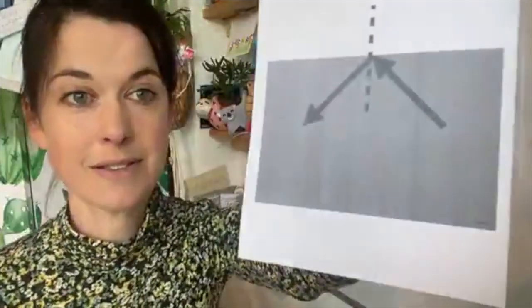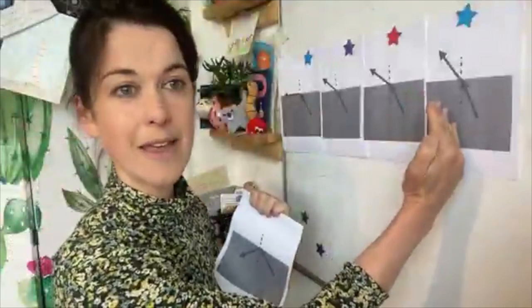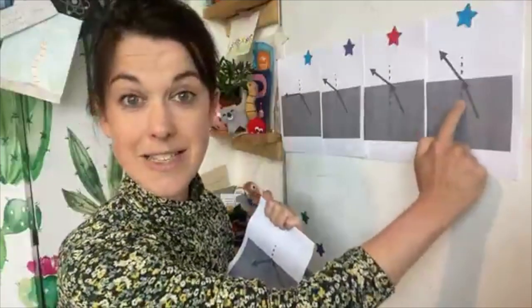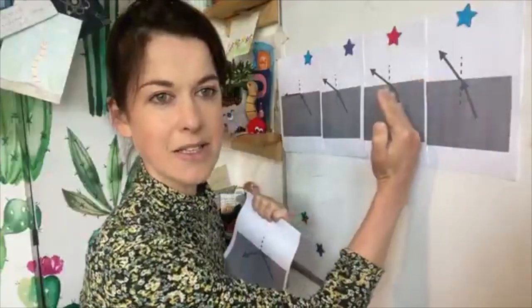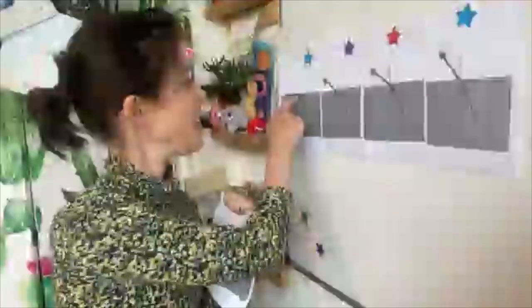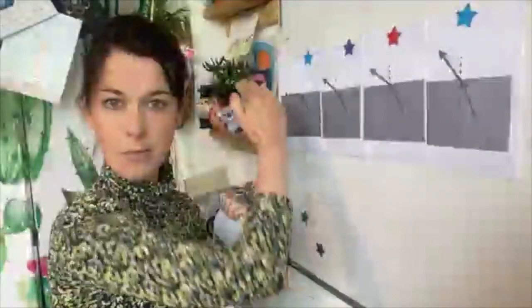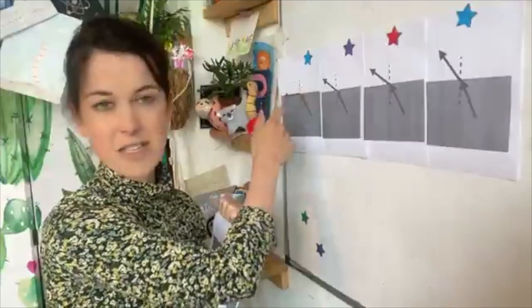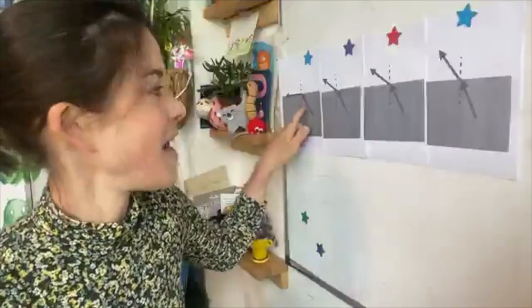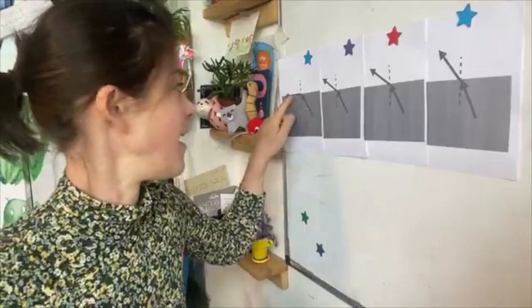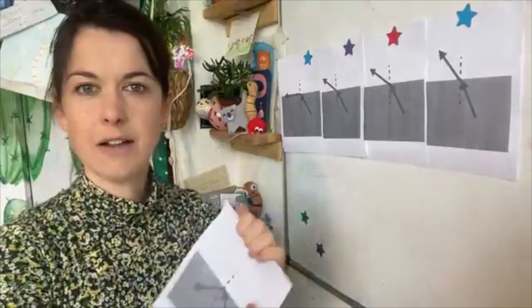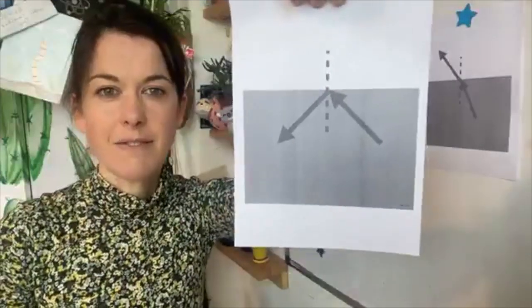So if you make the angle of incidence bigger and bigger, eventually the ray of light will be flat against, say, the swimming pool surface. That is the critical angle here. And anything over the critical angle, total internal reflection.